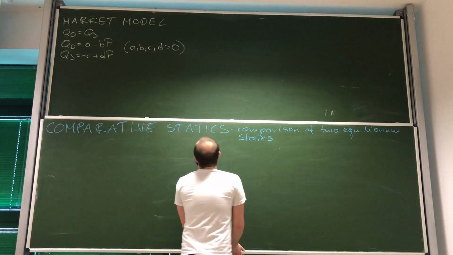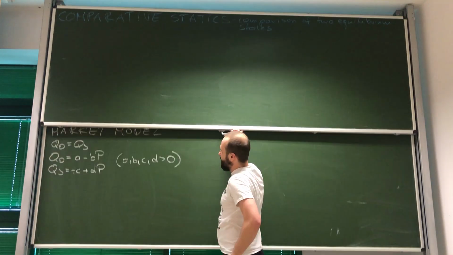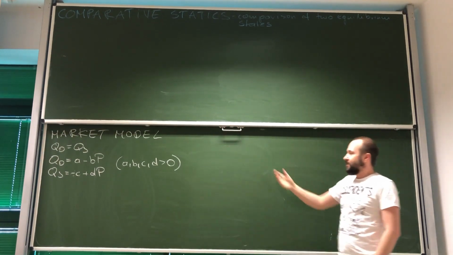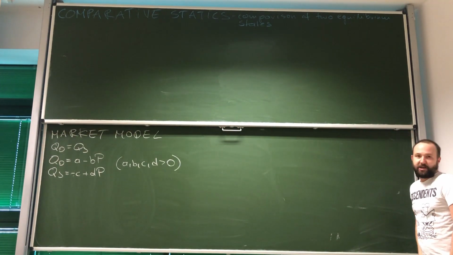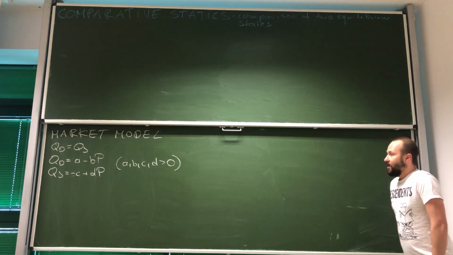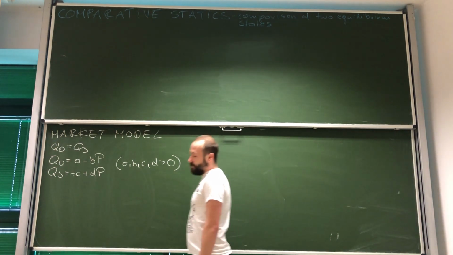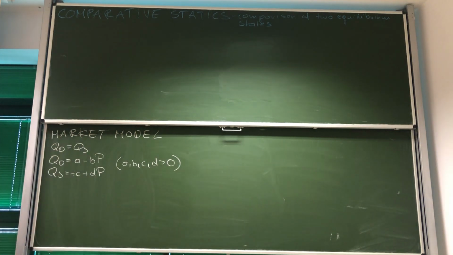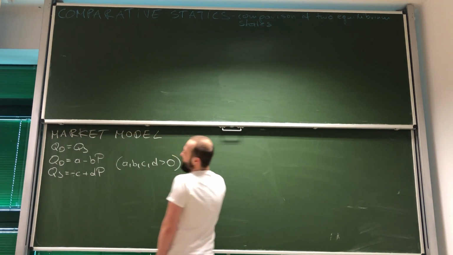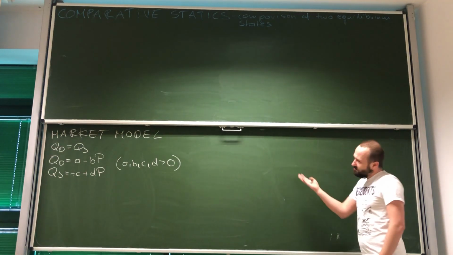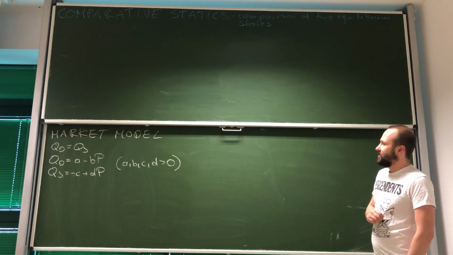And we're going to start with a very familiar to us already market model. Before we can move on to comparative statics, we need to find equilibrium in this model. We already know how to do it, so let's do it right away.